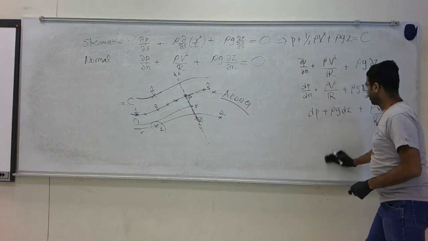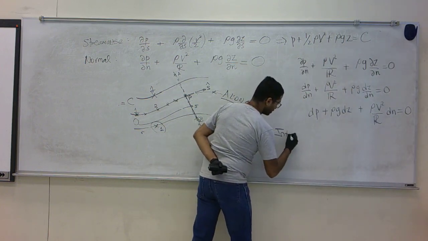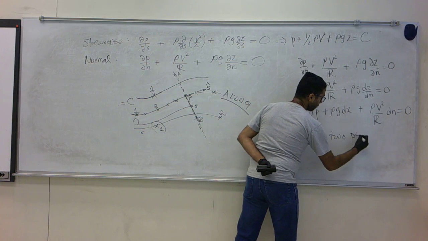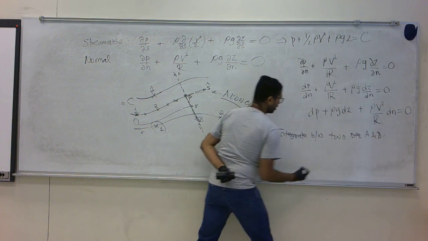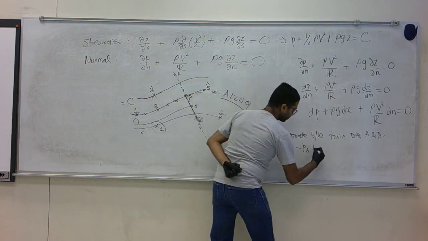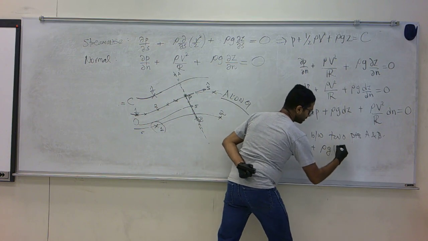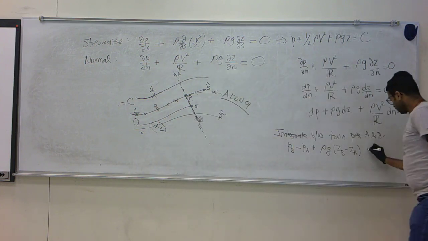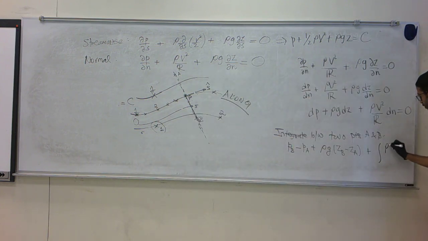Let me integrate between two points A and B. So I have PB minus PA, plus rho g times ZB minus ZA, plus the integral of rho v squared over r times dn between points A and B, and this is equal to 0.